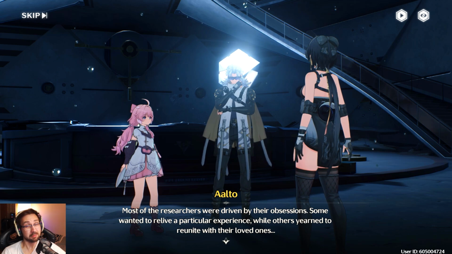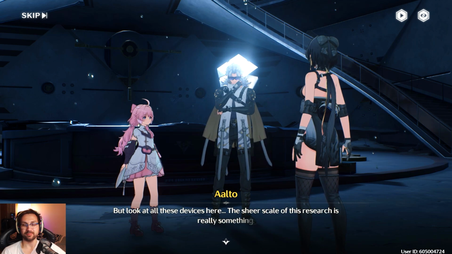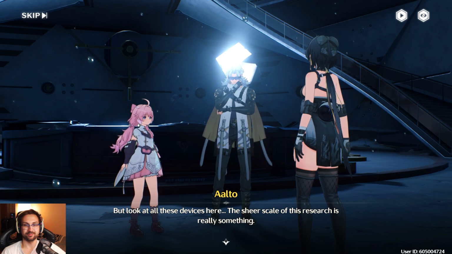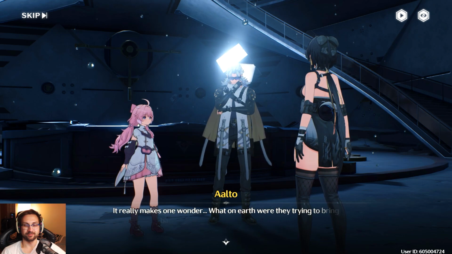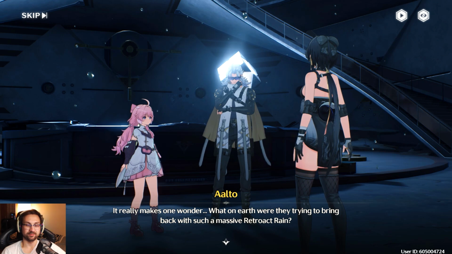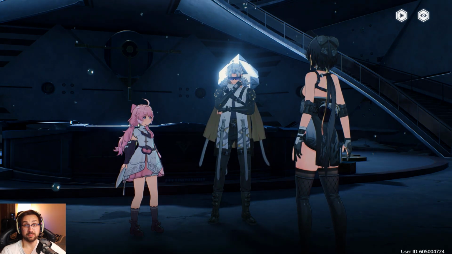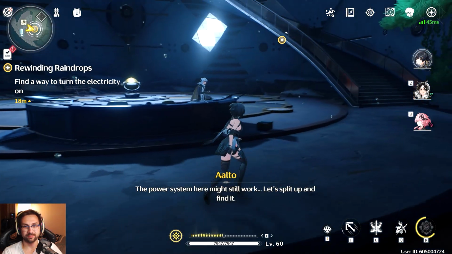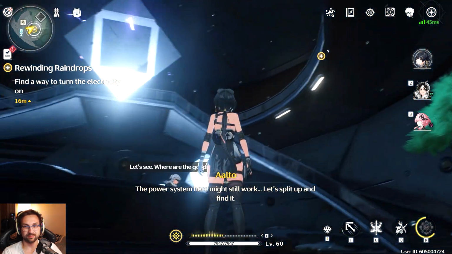Different motives. But look at all these devices here. The sheer scale of this research is really something. It really makes one wonder. What on earth were they trying to bring back with such a massive retroact rain? The power system here might still work. Let's split up and find it.